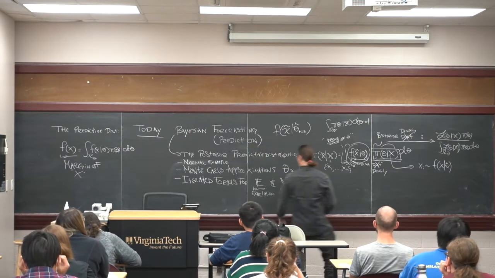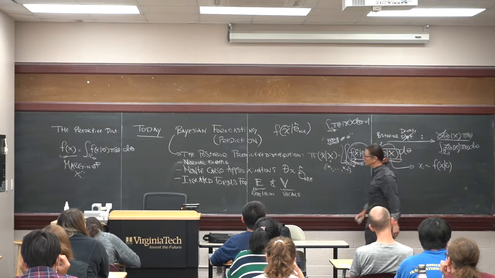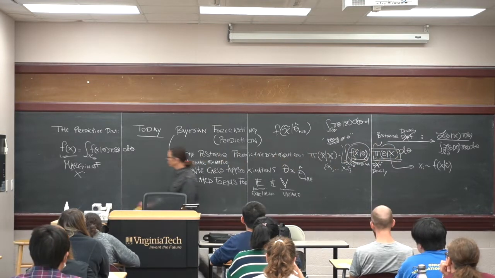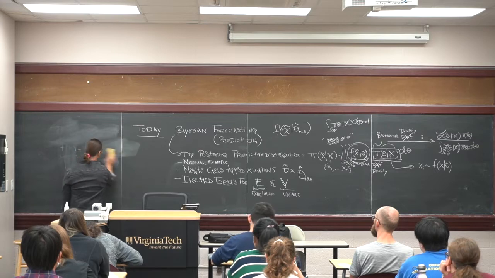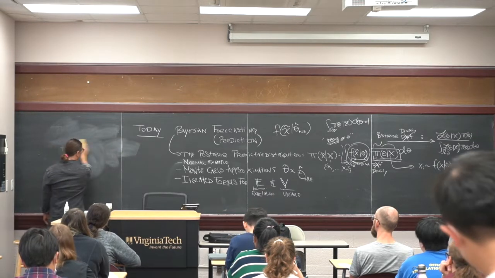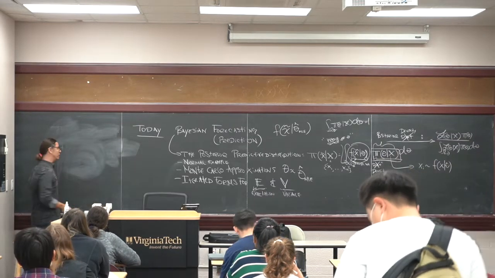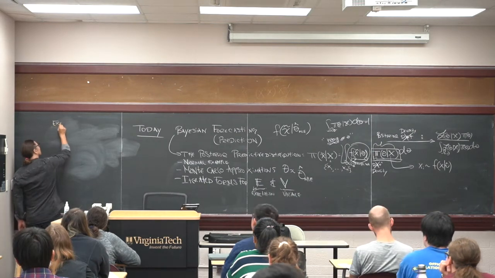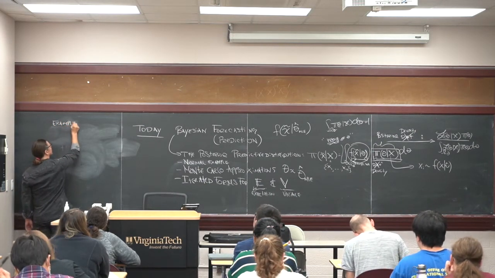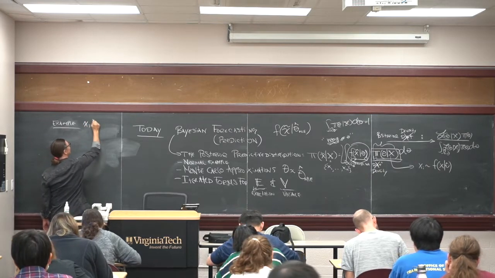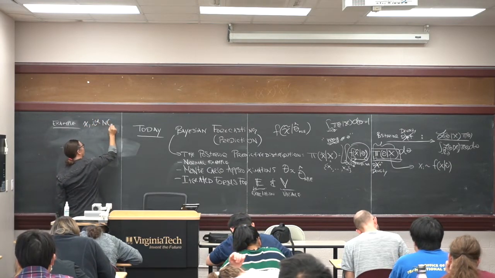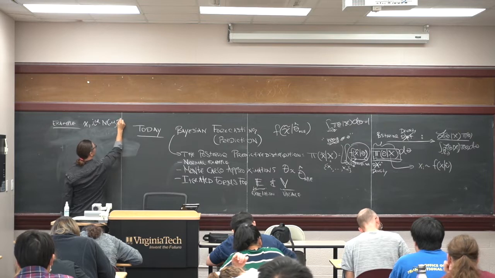Let's just look at an example real quick, to set up some motivation. Let's imagine we're going to try to predict from a normal distribution. Example, let's say our x_i's are IID coming from a normal with mean mu and variance sigma squared.